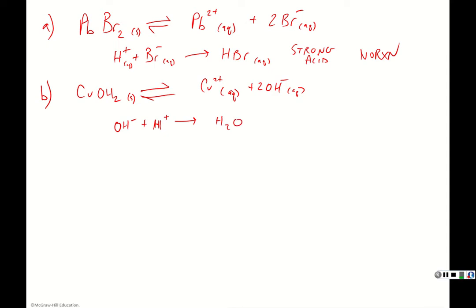So water actually is a weak acid itself. This is an example of one of those cases where adding an acid will remove those hydroxide anions, and the solubility of the copper hydroxide will increase. That's because the acid, the H+, is going to react with those hydroxides and form water.